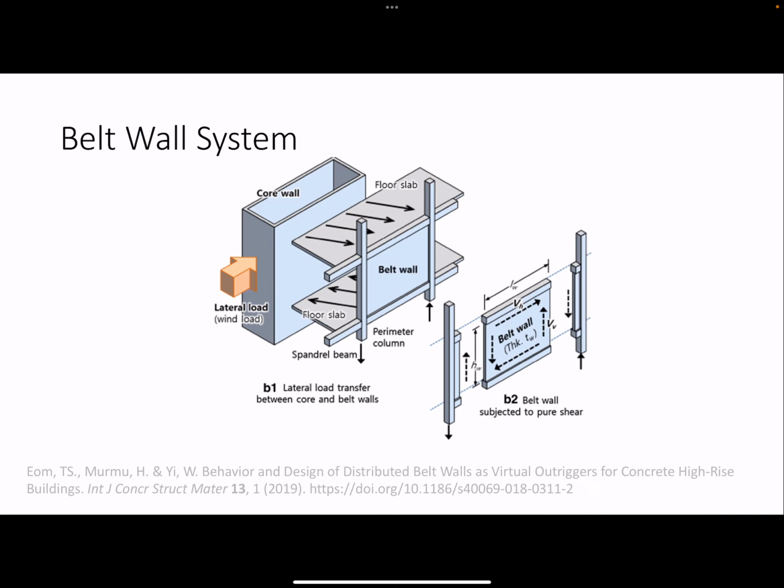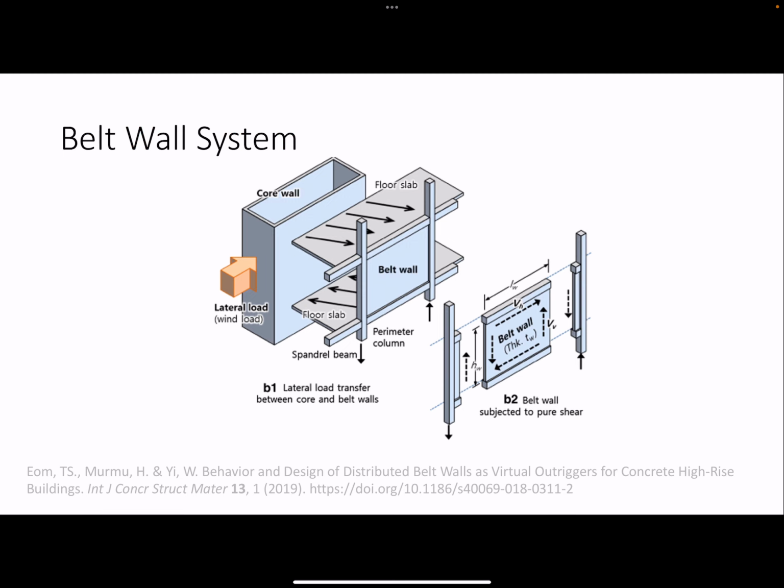So this is essentially taking a couple stories maybe, it depends on the building, but one or more stories in a row staggered over the structure, where those walls on the perimeter are solid, and then through floor slab, right, they transfer the lateral load from the core wall to the belt wall and then back to help engage that perimeter in resisting overturning.